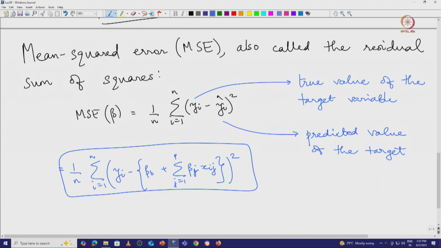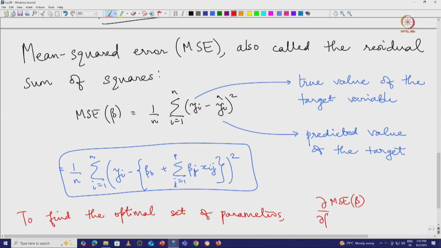Now to find the optimal set of parameters, you take this error, MSE, which is a function of beta, and minimize it with respect to the set of parameters beta, and that will give you the optimal set of parameters, right.